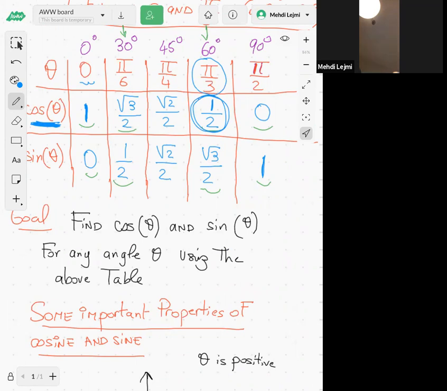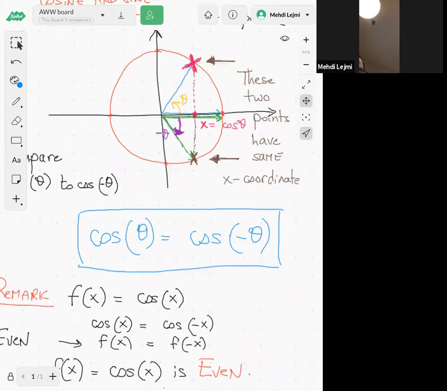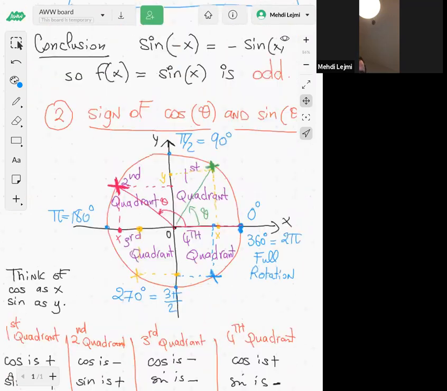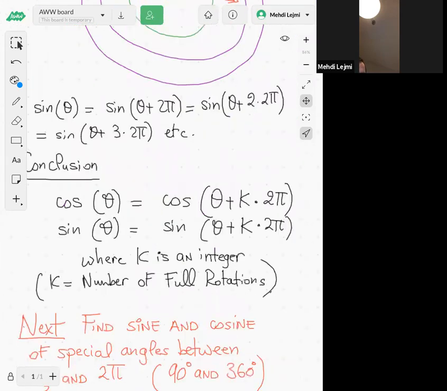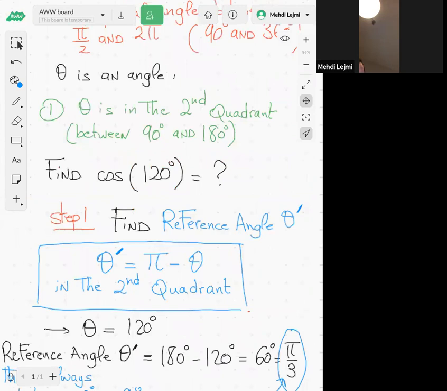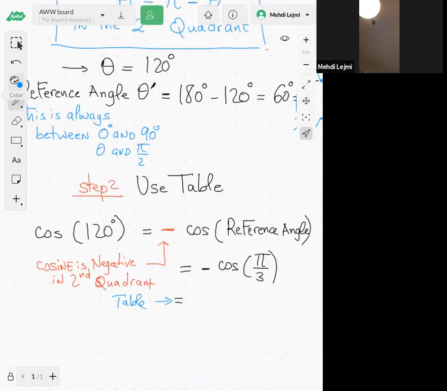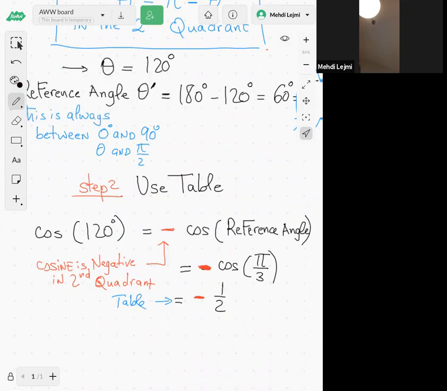So the answer here, with the minus sign, would be negative half. We have this minus, of course. I'm going to put minus cosine of pi over 3, using the table, that's half. So the answer is negative half.